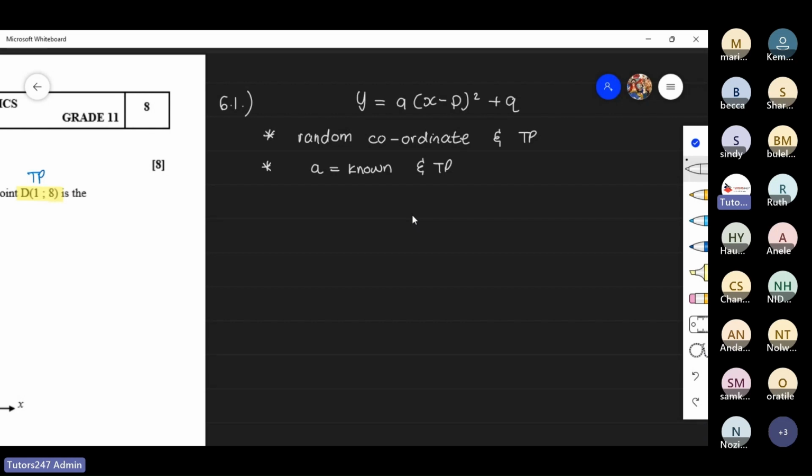So if you have A known, you do not need a random coordinate. When I say random coordinate, I'm referring to any coordinate or any point that is on the function that is not your turning point, okay? Now, something important, what does P and Q represent? Now, P will represent the X value of our turning point.